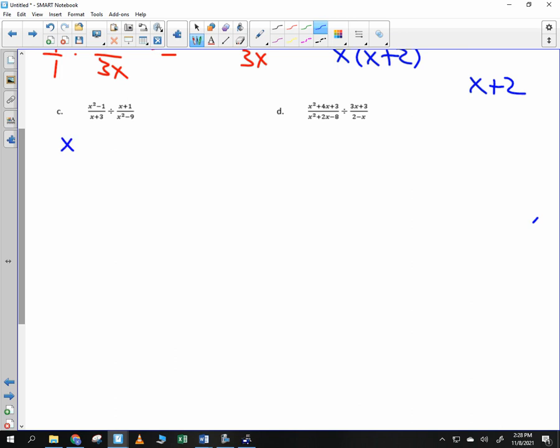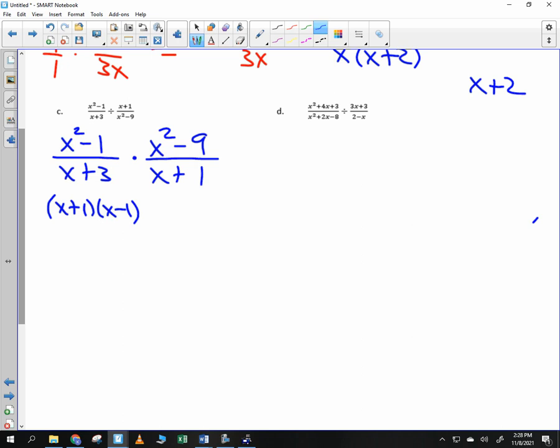So I have x squared minus 1 over x plus 3 times x squared minus 9 over x plus 1. Now, how does the top factor? X plus 1 times x minus 1 over x plus 3 times x plus 3 times x minus 3 over x plus 1.